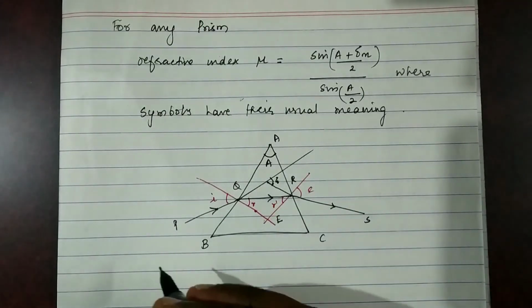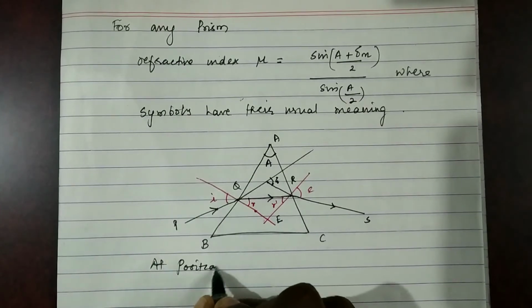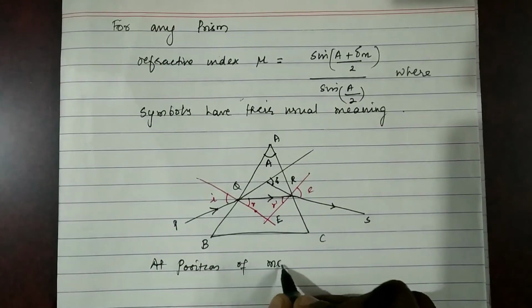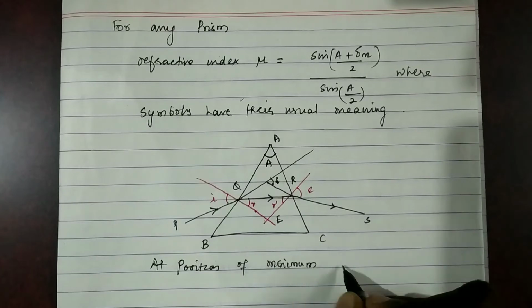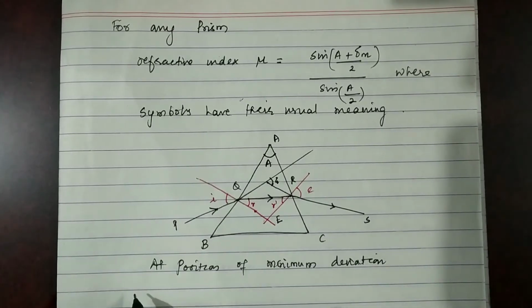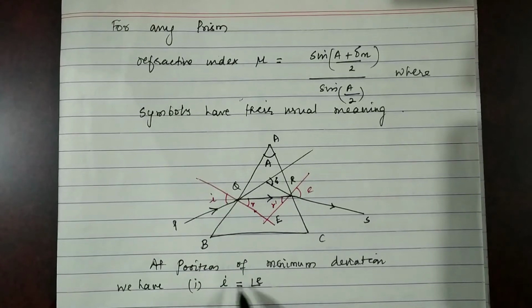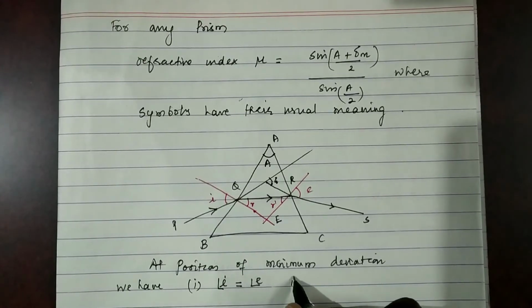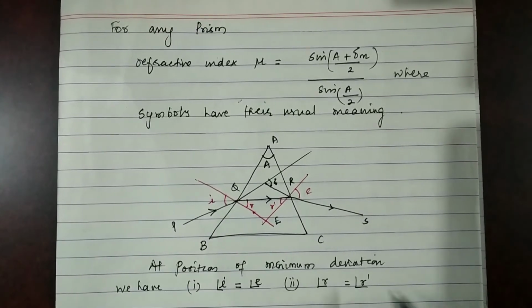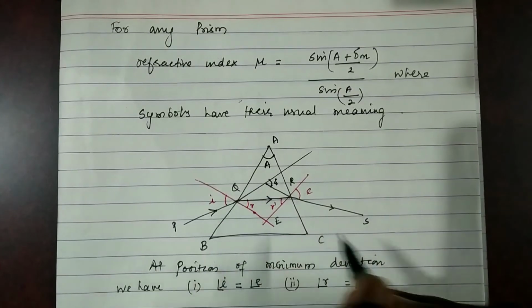At the position of minimum deviation, what do we have? One, the angle of incidence will be equal to the angle of emergence, and R will be equal to R dash, the base angles are equal, and QR will be parallel to BC.